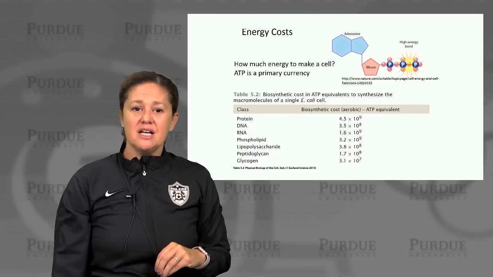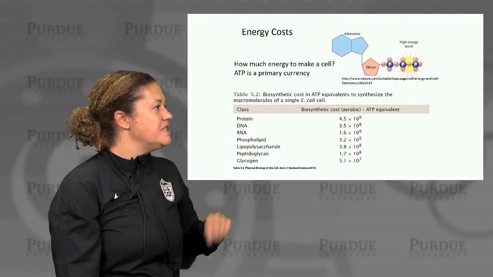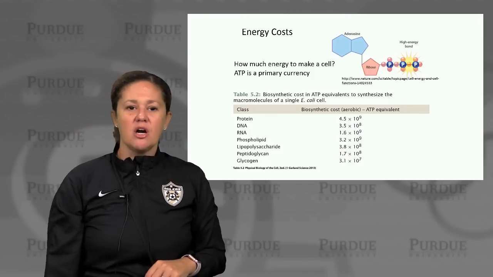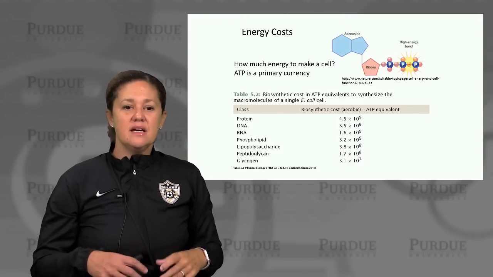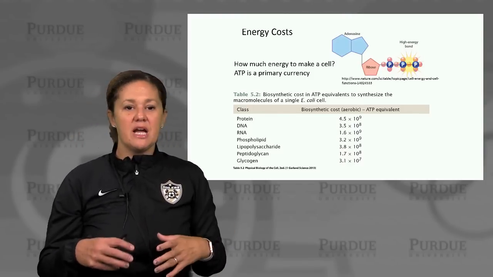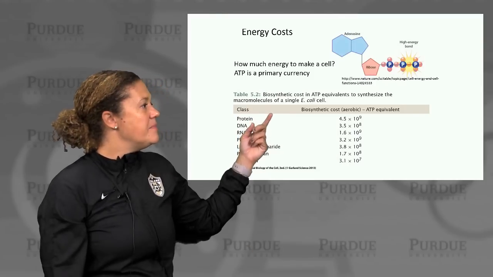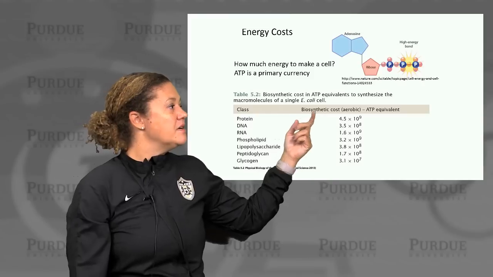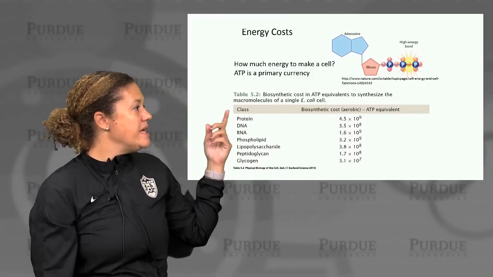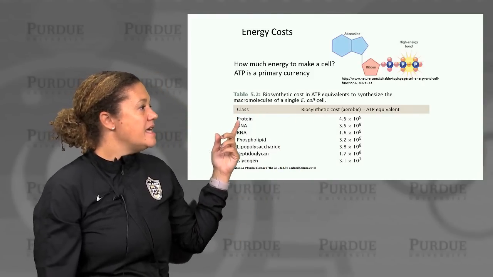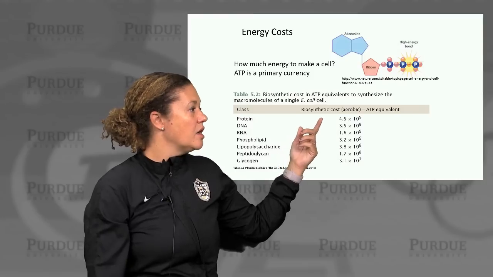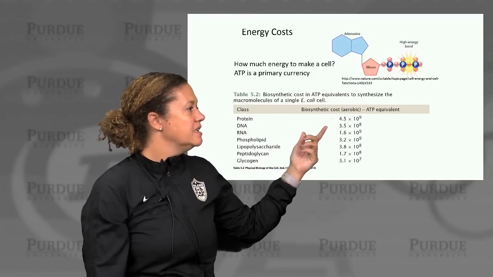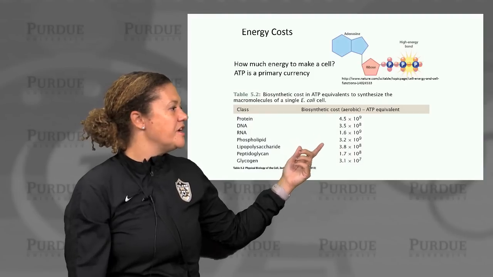So looking at energy costs in a little more detail, how much energy does it take to make a cell? ATP, as we said, is our primary currency in cellular systems. It's our primary high energy molecule. If we convert the biosynthetic costs to make a cell into ATP equivalents, we can see that making all the protein of the cell takes the most energy, or close to the most energy here, on the order of about 10 to the 9, same for RNA and our phospholipids.